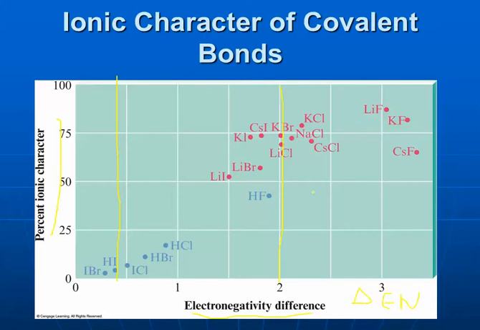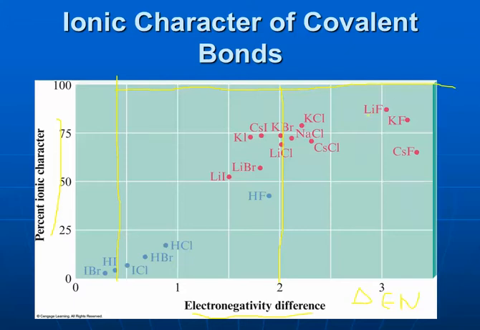So there are ways that they can look and say, well, this is more ionic in character than another. And then here you see the lithium fluoride. The fluorine is that highly electronegative element, so you notice that those seem to be a little bit more ionic in character, etc. So just kind of an interesting chart here. Notice there really isn't anything right up here at 100% ionic character.